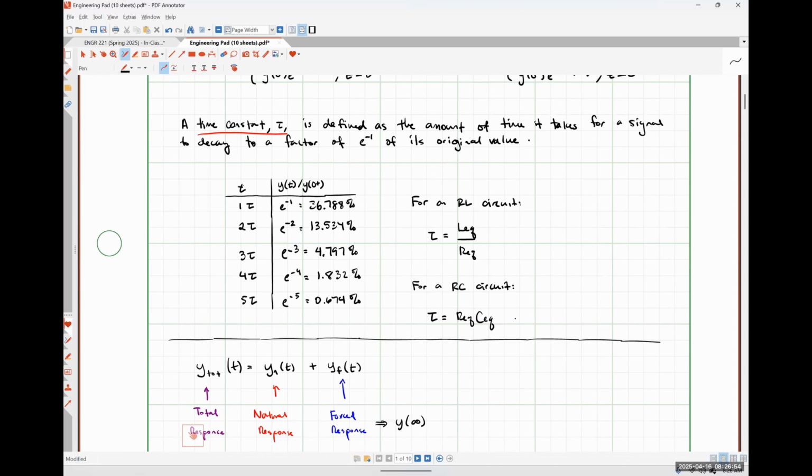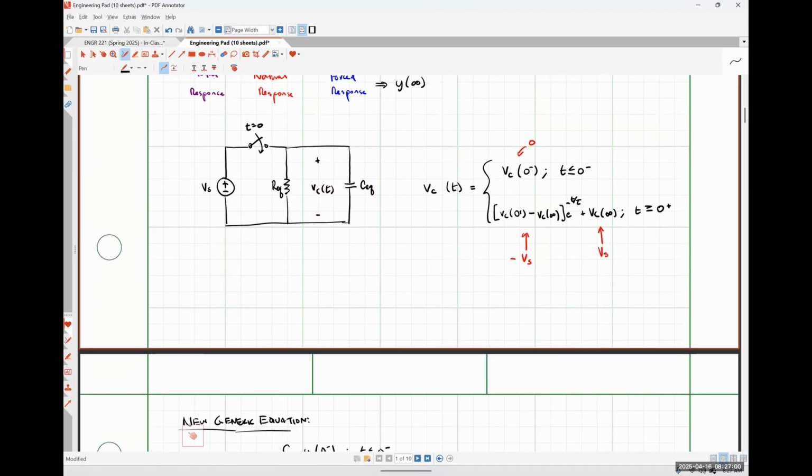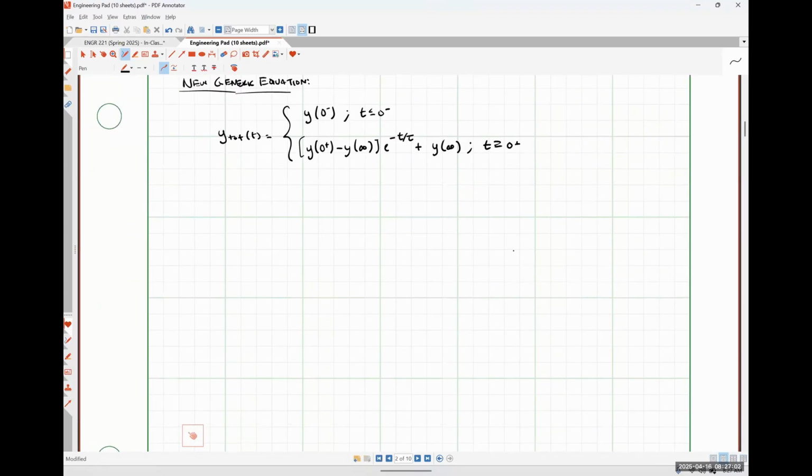So let me work an example and I'll find something specific and we'll show how that works out, okay? So let's say this will be similar to some of your homework problems. So let's say that we have the following circuit.